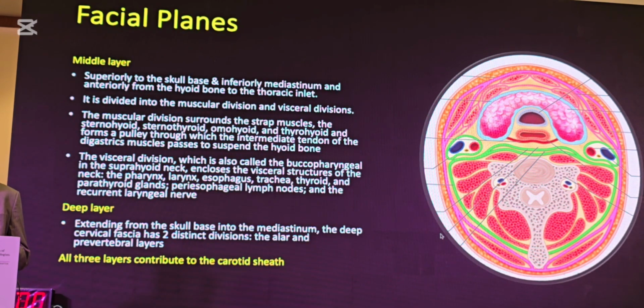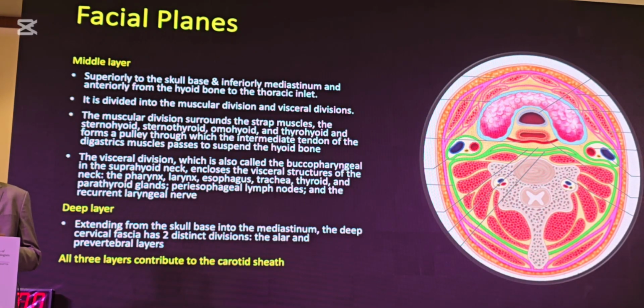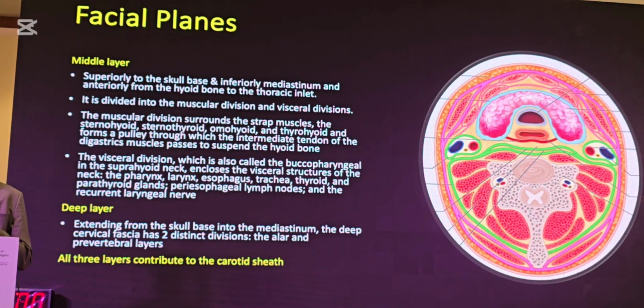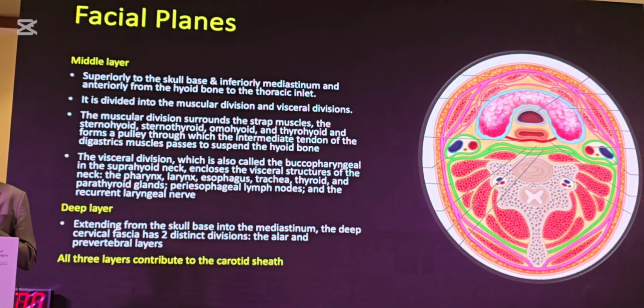So the middle layer goes from skull base inferiorly to the mediastinum. The deep layer also goes from skull base to mediastinum, but that is the prevertebral layer. And the alar fascia, buccopharyngeal fascia, danger space, all those things are there. So the middle layer is going to encompass all the infrahyoid muscles, visceral compartment, suprahyoid muscles, all those things.